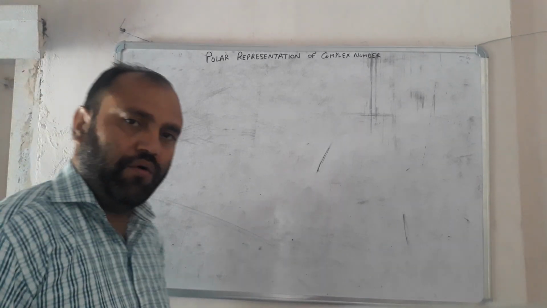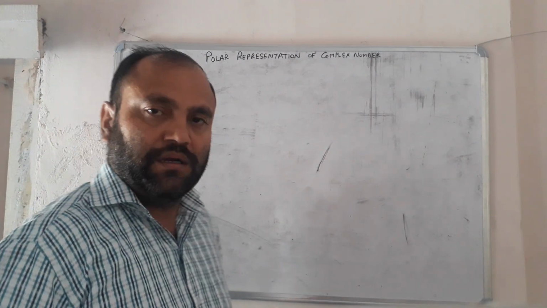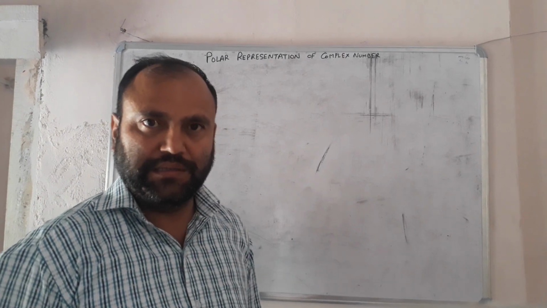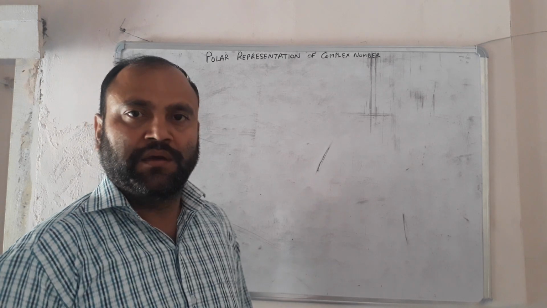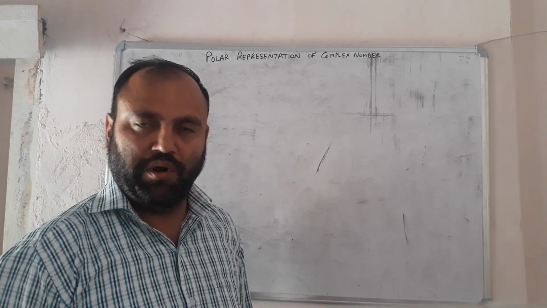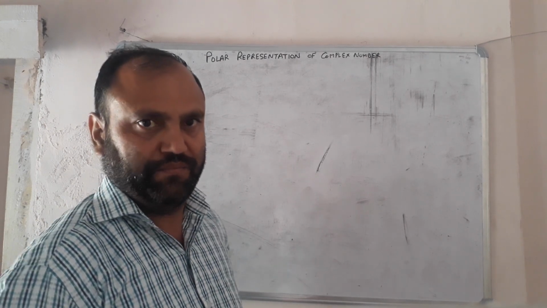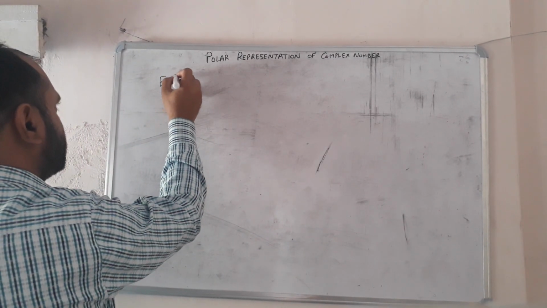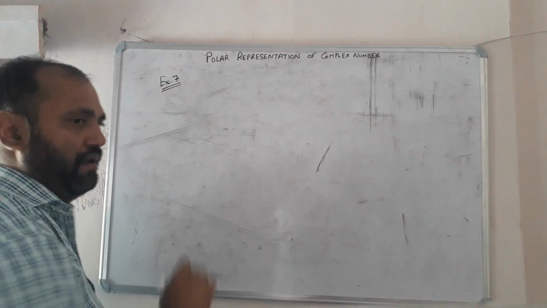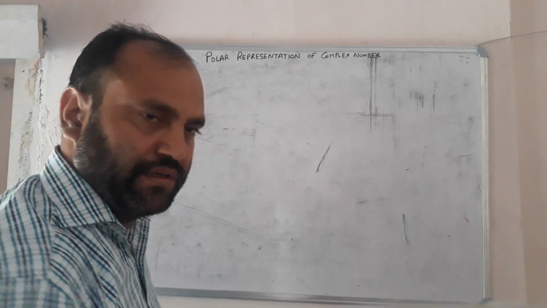Okay students, now let us do some examples and some questions regarding this topic, polar representation, modulus and argument of complex number. So we are doing the example number 7 from the NCERT book, right?